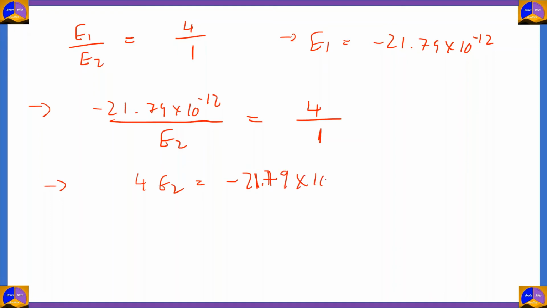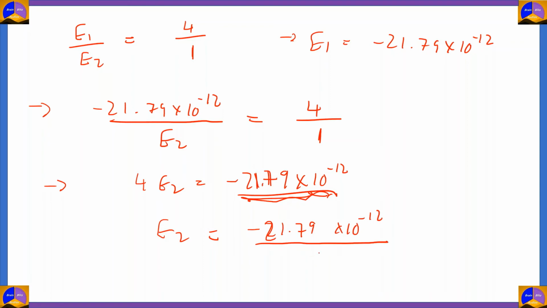21.79 into 10 raised to minus 12 multiplied by 1. So that's still the same. So over here, we'll get E2, the energy of the electron in the second energy level, as minus 21.79 into 10 raised to minus 12 divided by 4.